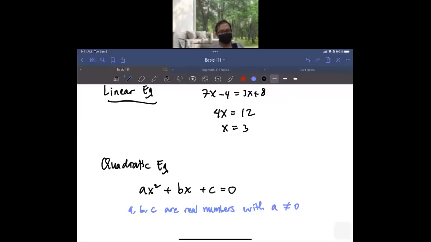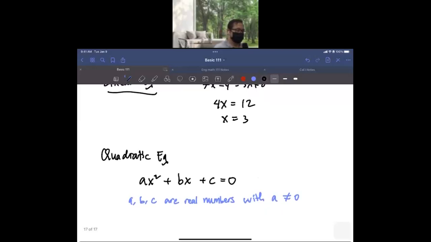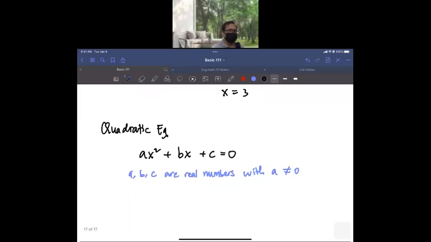Okay, the definition. And how to solve is basically what we did before. Usually it can be factorized. We are going to use the factors.